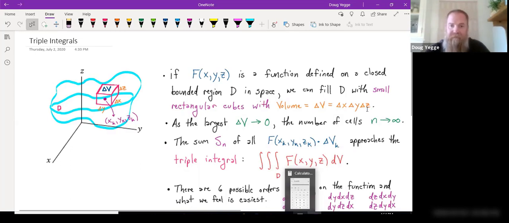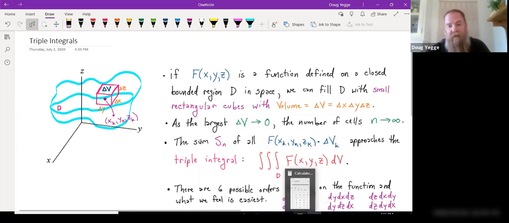So our goal here is to be able to find the volume of this entire region, but integrate the multivariable function, the 3-variable function, times delta v. So we can see that as the largest of all those little teeny cubes approaches a volume of 0, that must imply that the number of little cubes that we're filling this lump of clay with is approaching infinity.